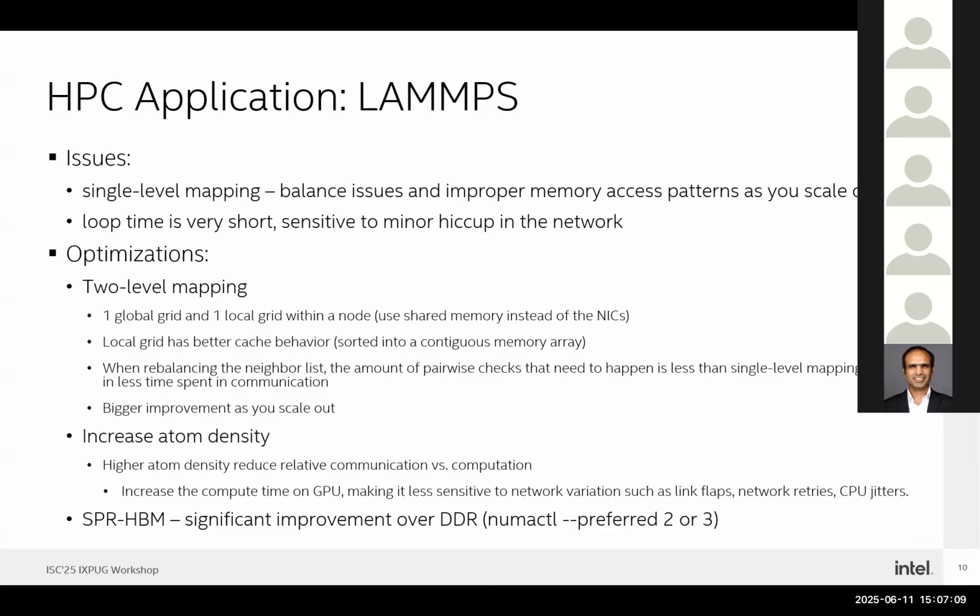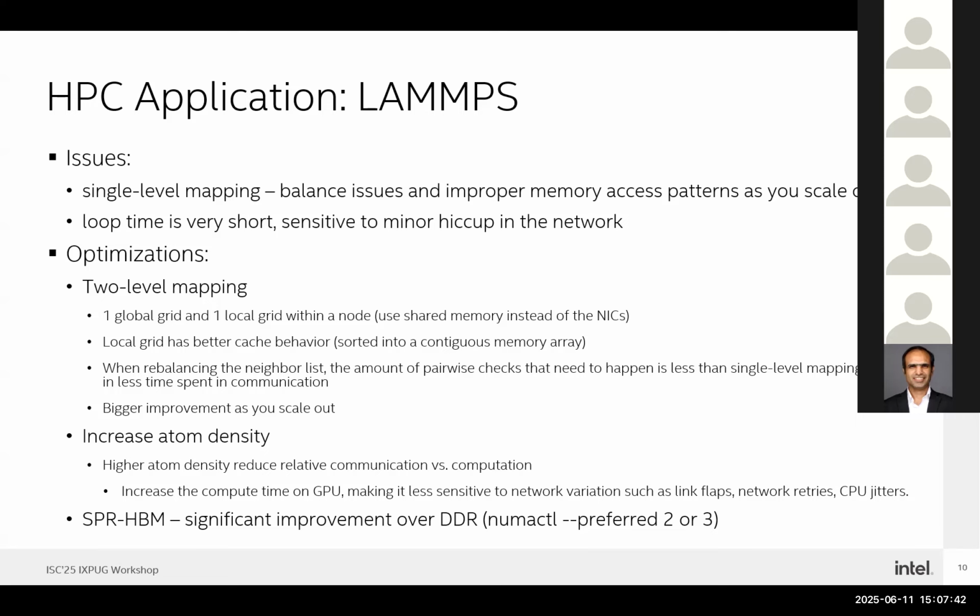For the small loop time, I think something like 3 or 4 seconds in the loop time before all reduce, that's too small. So in this case, they had to increase the amount of compute between communication, and that increase in the compute portion made it less sensitive to any noise in the network.